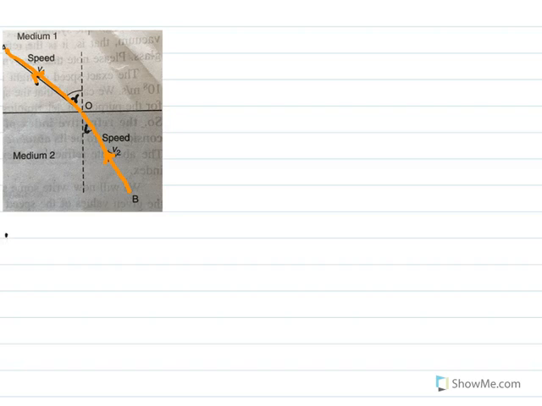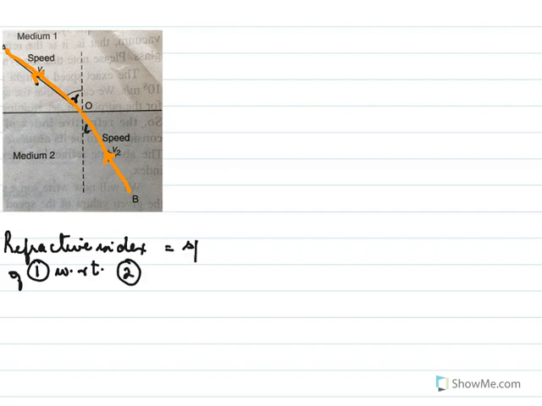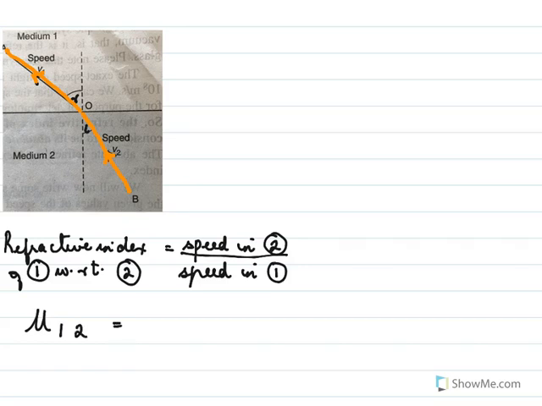So here, when we are measuring the refractive index of 1 with respect to medium 2, that would be speed in medium 2 over speed in medium 1. So the refractive index of 1 with respect to 2 is speed in 2 over speed of light in 1.